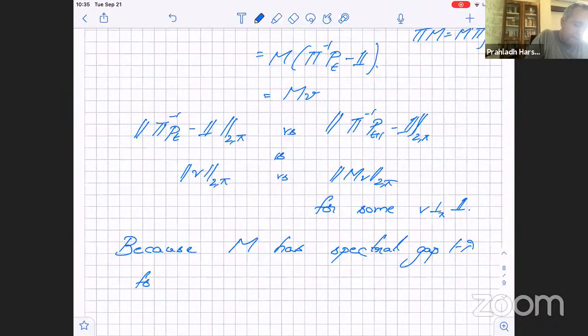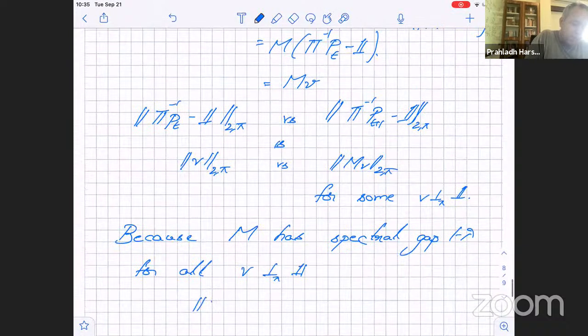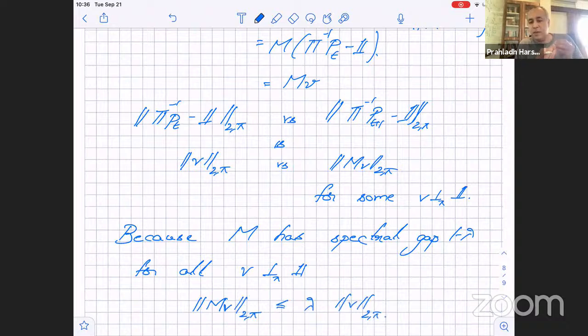For all v orthogonal to the all ones vector, we do have that the π-norm of Mv is at most smaller than that of v by a factor of lambda. So each time it shrinks. All this is stating that each time you take a step in the graph, this 2 norm is shrinking by a factor lambda.